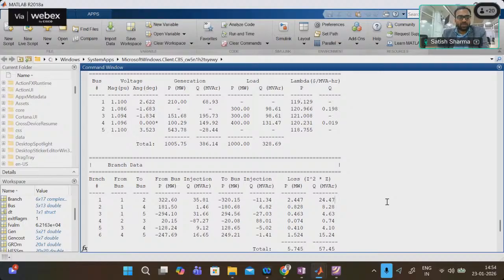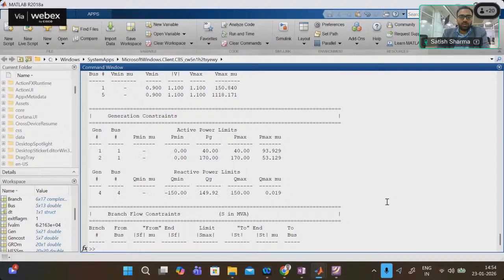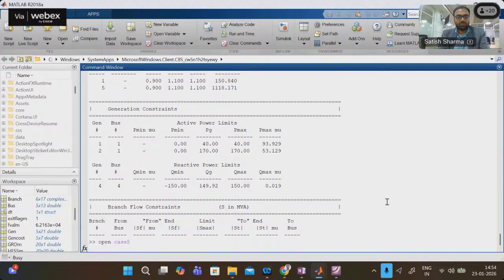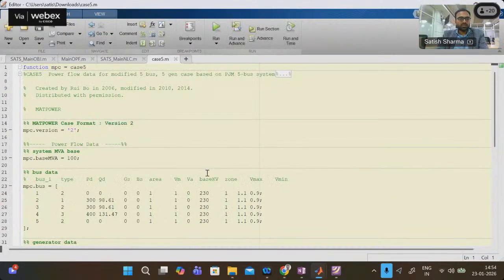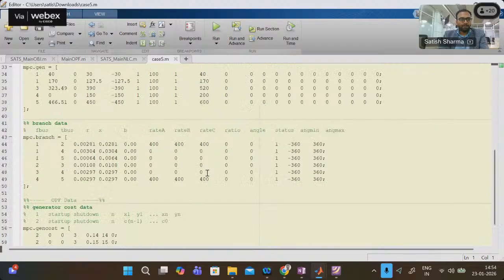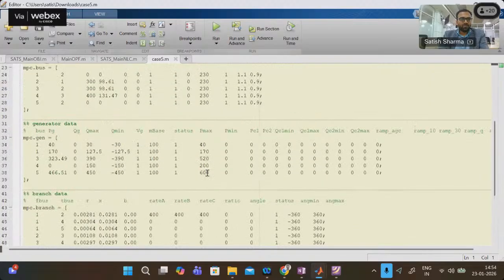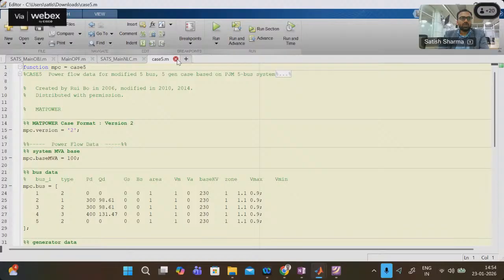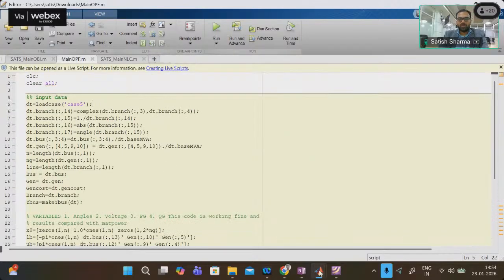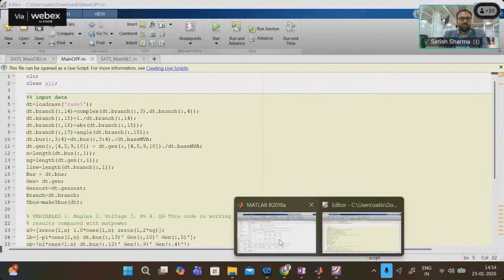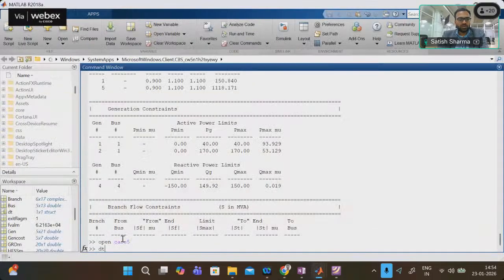So let me open case 5, and let's load it. dt equals to load case.